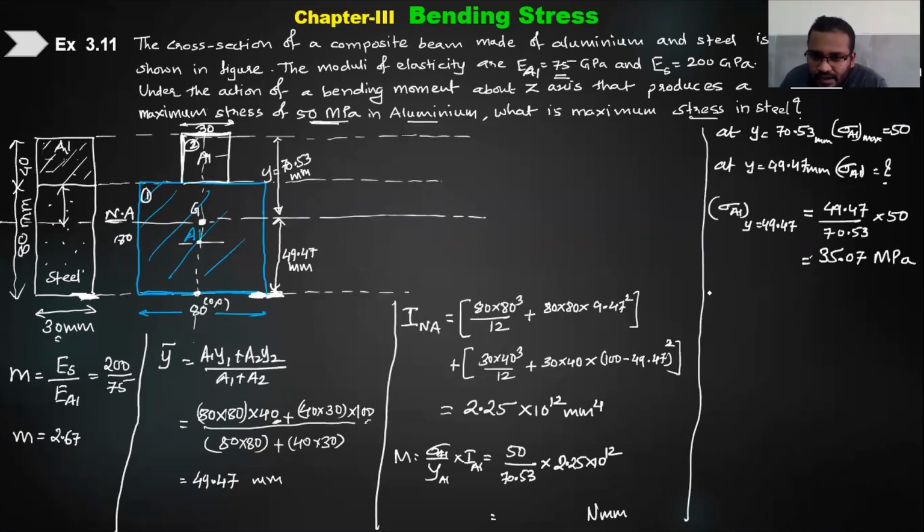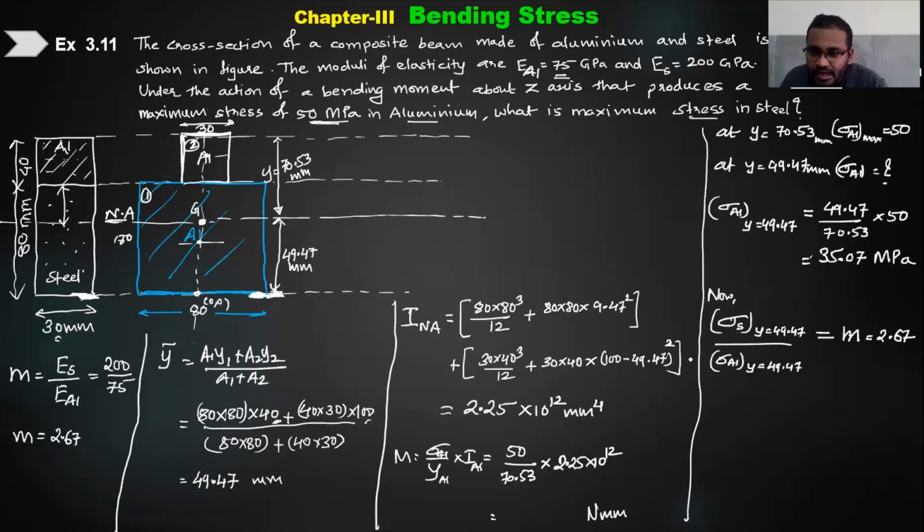Therefore sigma in steel at y equal to 49.47 divided by sigma in aluminium at the same distance 49.47 is equal to the modular ratio. Why? Because when I write the modular ratio equation, I keep the y value the same. Always keep in mind. So this is equal to 2.67.